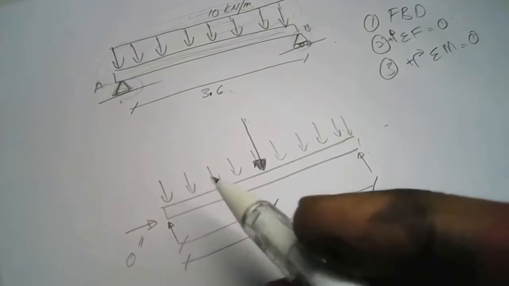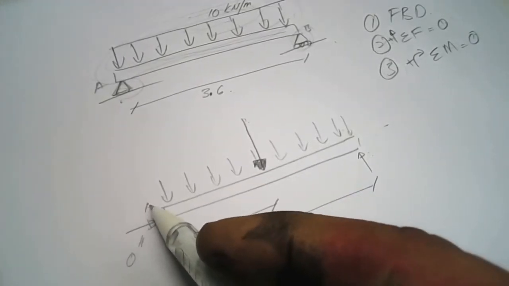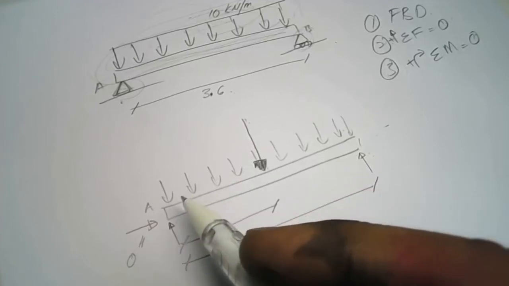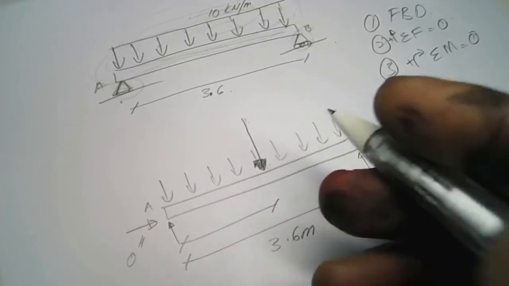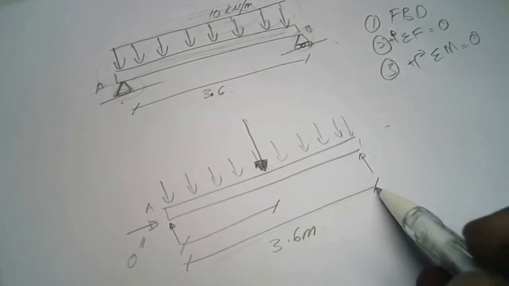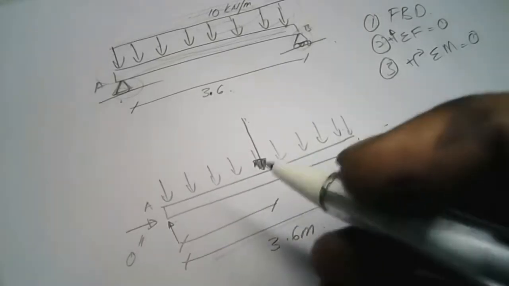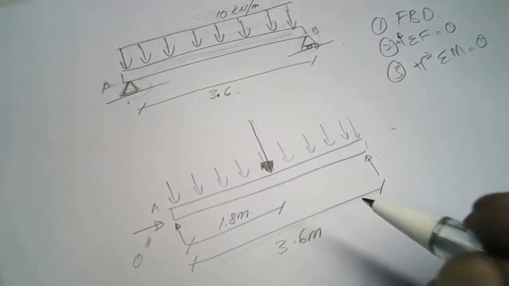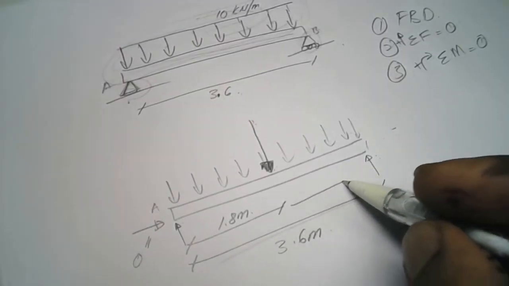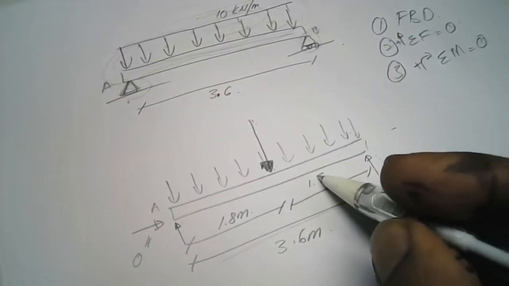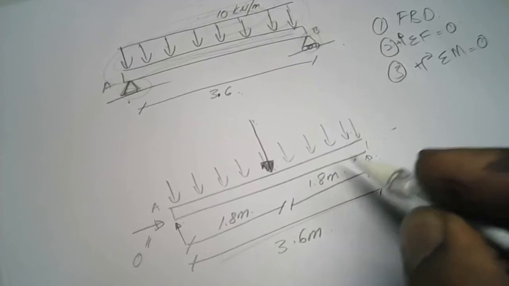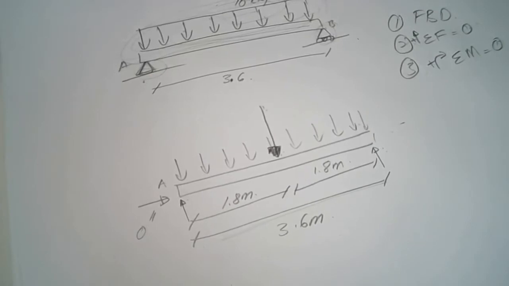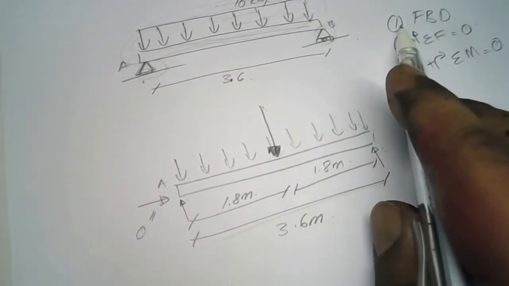The length from A to the representative force is half of the full length, so it will become 1.8 meter, and the rest is 1.8 meter. So this is our free body diagram. Done part 1.